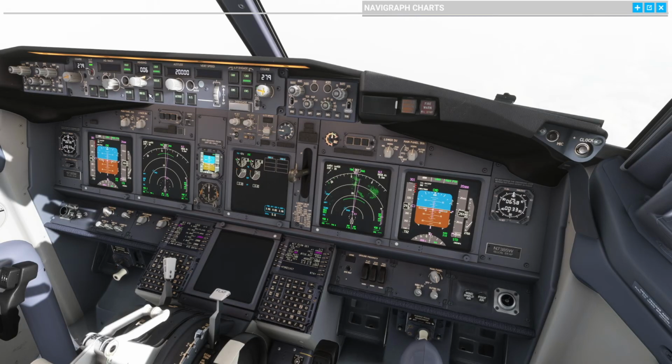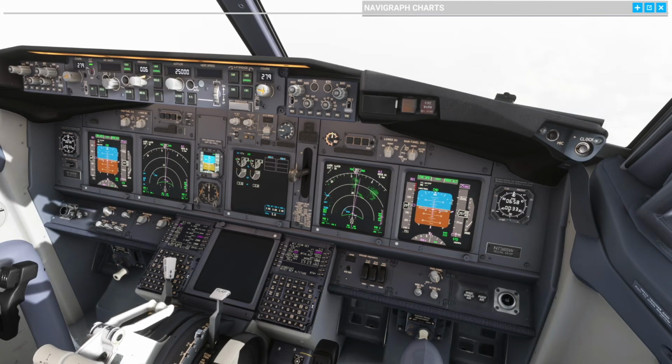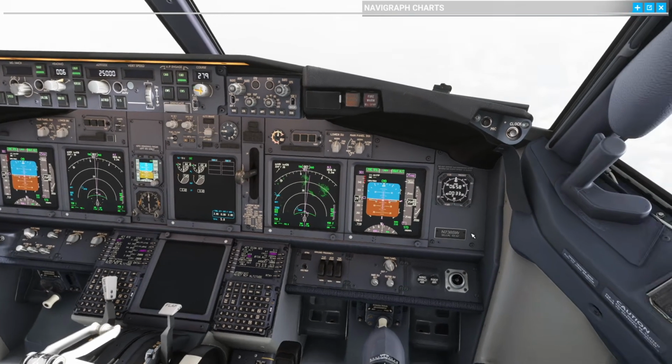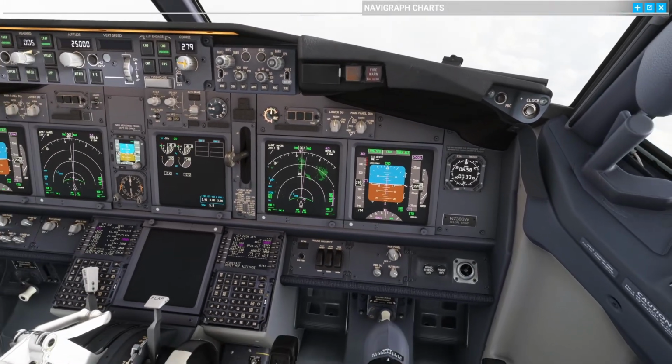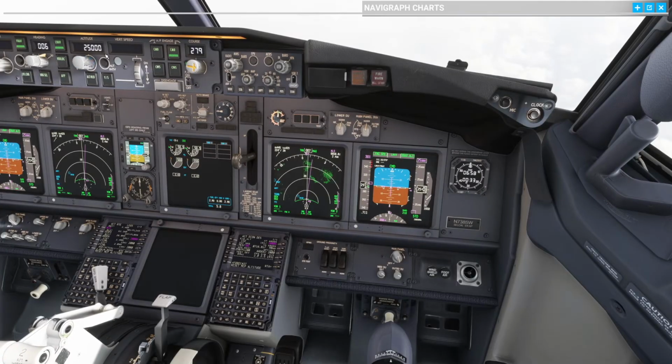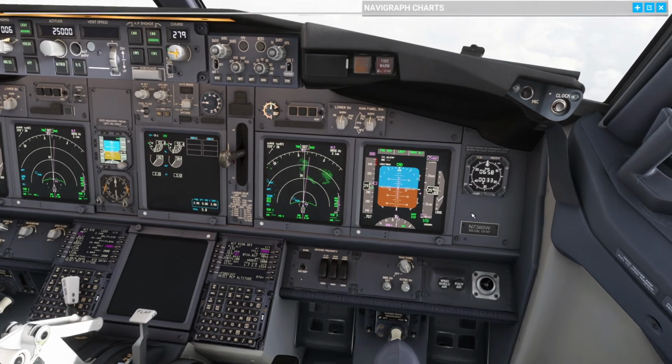Our problem now is that ATC is unluckily telling us to level off at flight level 250. So we've set 250 here. For some reason, traffic maybe, we need to level off. So let's see what happens here. VNAV will, as a rule of thumb, never bust the altitude set in the MCP.